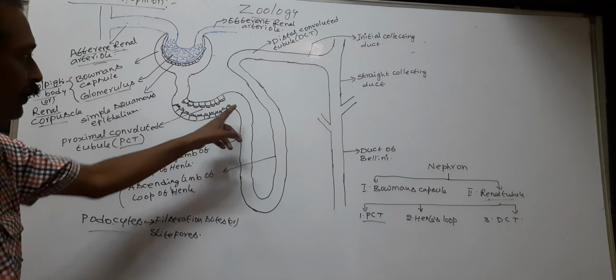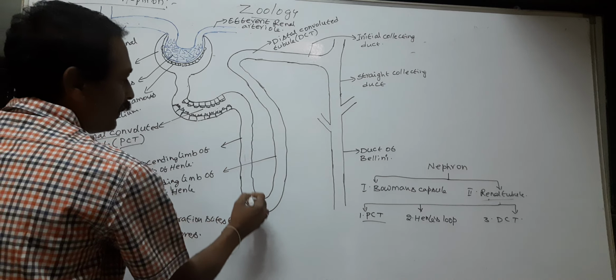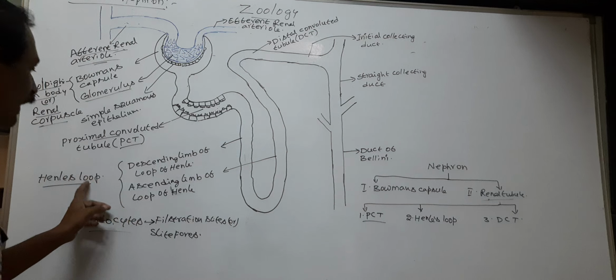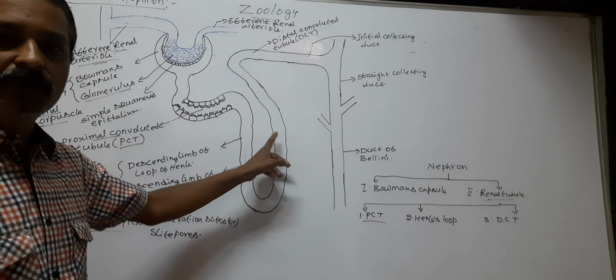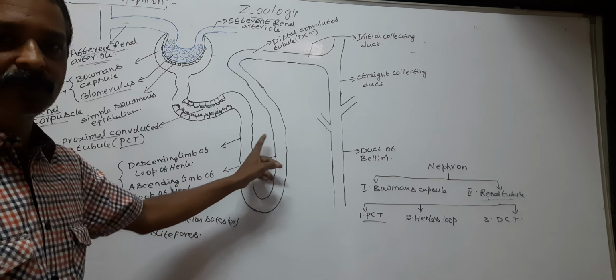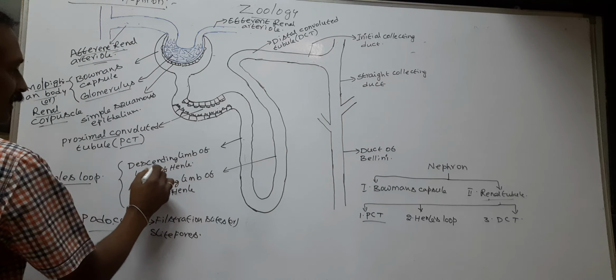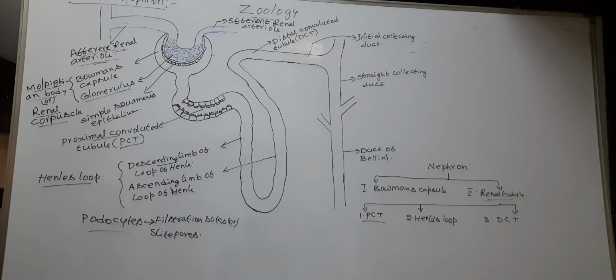So Henle's loop is a hairpin-like tube or structure. The Henle's loop has two limbs. The first limb is the descending limb of loop of Henle.